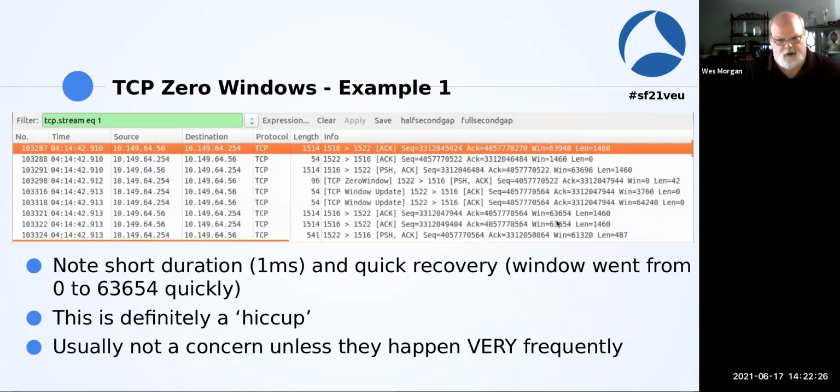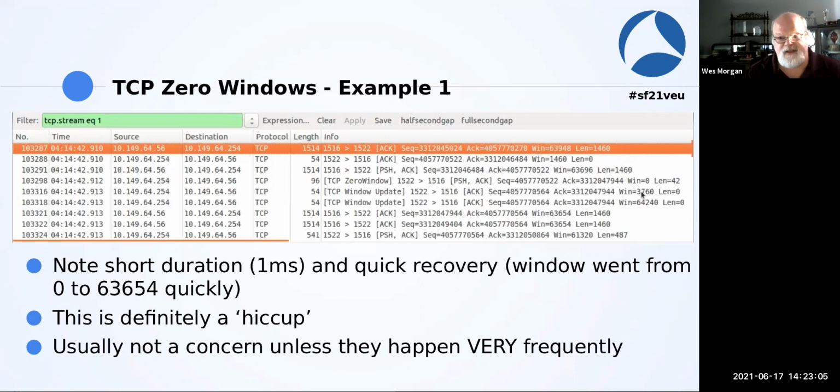Here's a trivial example of a TCP Zero Window. I will tell you that this is one that only happened twice in the entire packet capture. And you can see it resolved itself within a millisecond, right? So we received some data, we responded with a zero window, but then within a millisecond, we started recovering.